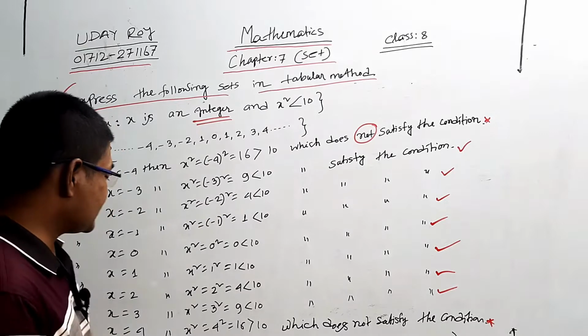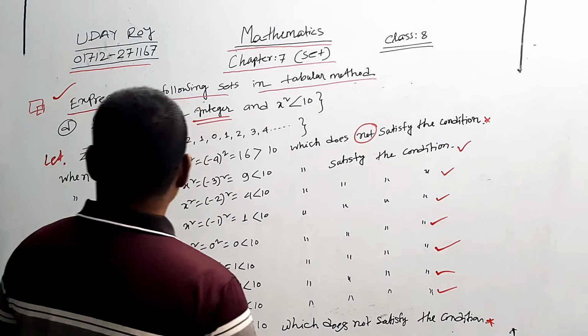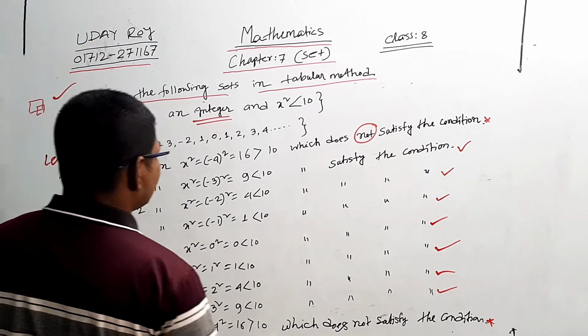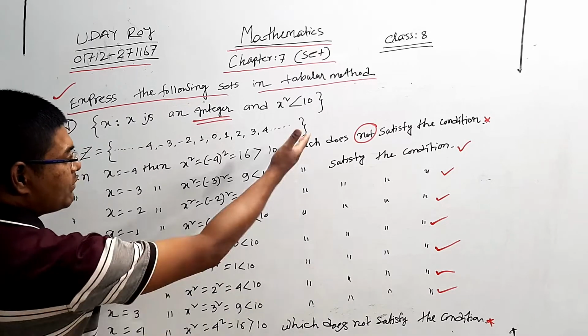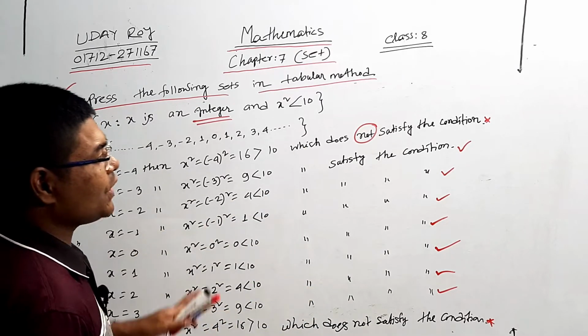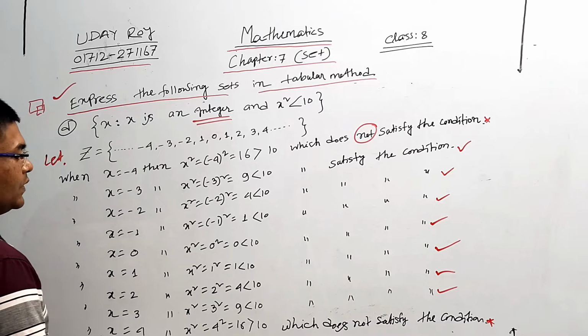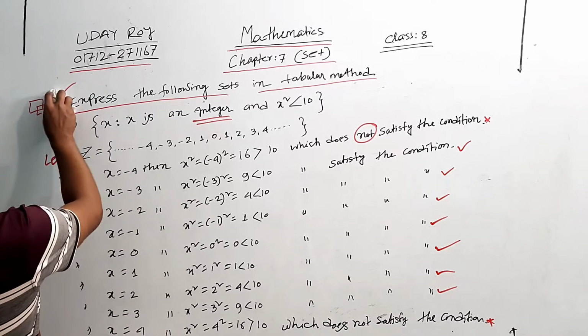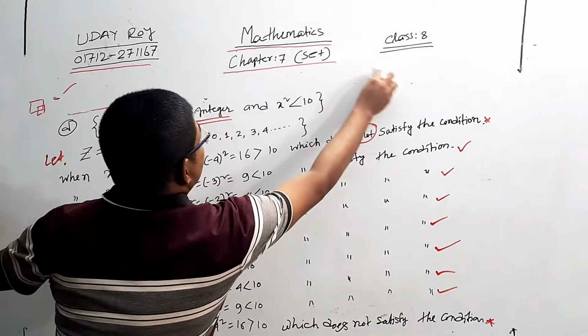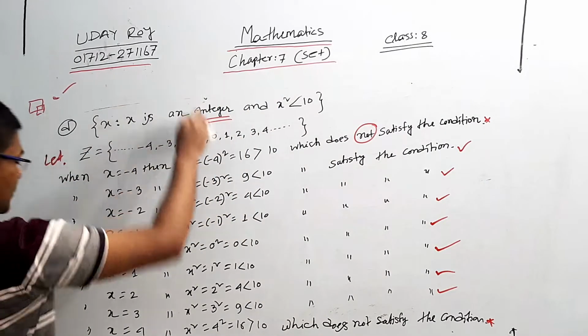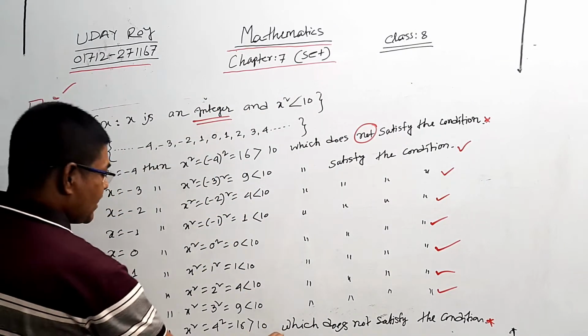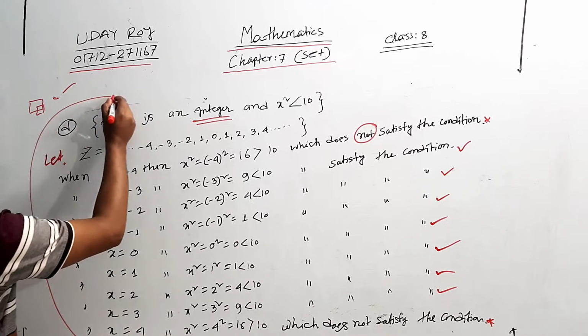Okay, so please come back here. After completing this, we can write the answer in this way. At first you have to complete the full task, then you have to write the answer.